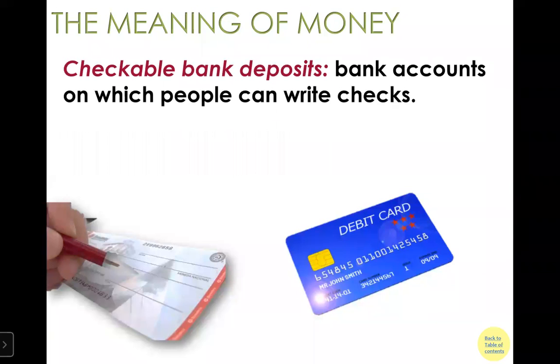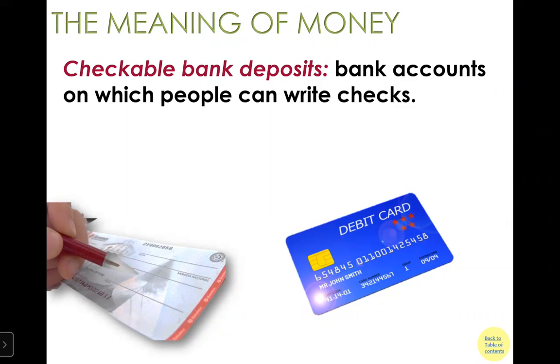The other related term to money is called checkable bank deposit. Those are bank accounts on which people can write checks. Essentially, it's the money in your debit card. That is very liquid in the sense that you can use it whenever you need it, right?